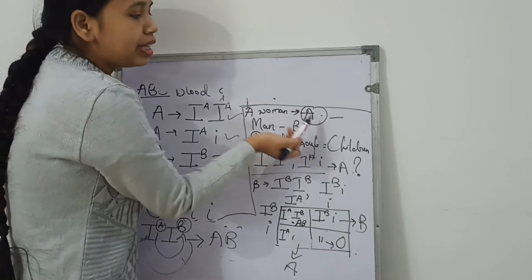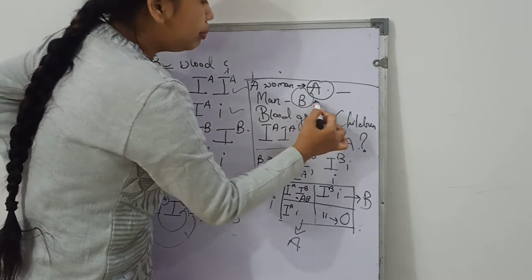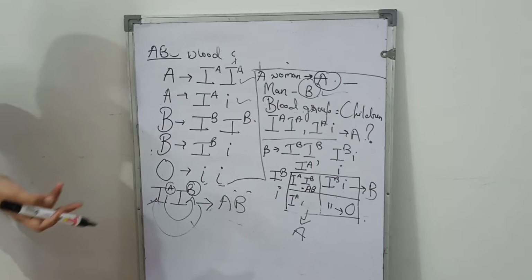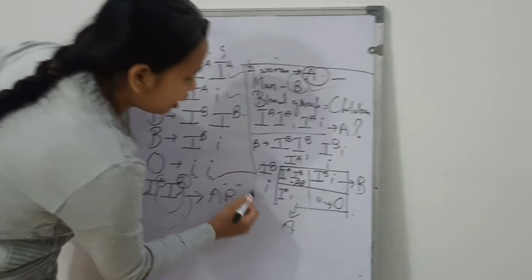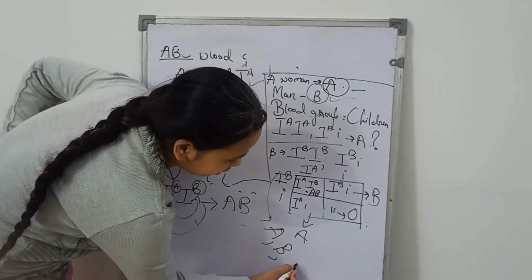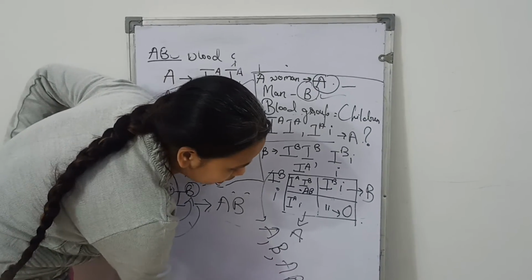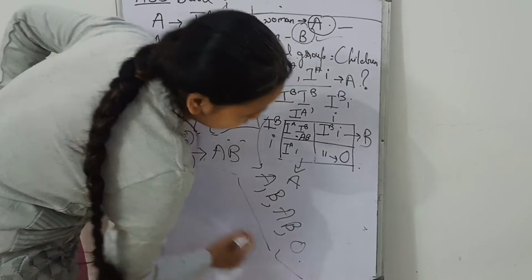If a woman having a blood group A and the man having a blood group B, what are the possible phenotypes of their children? So the possible phenotypes will be, the children can be A, B, AB and O. So this is going to be your correct answer.